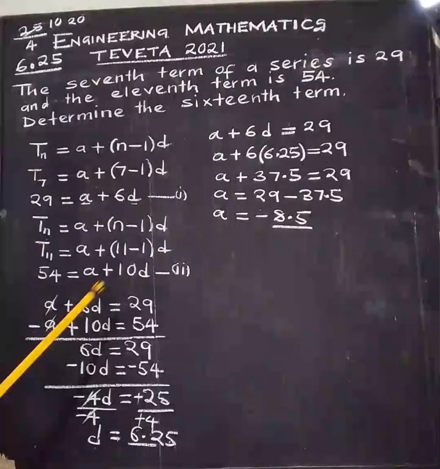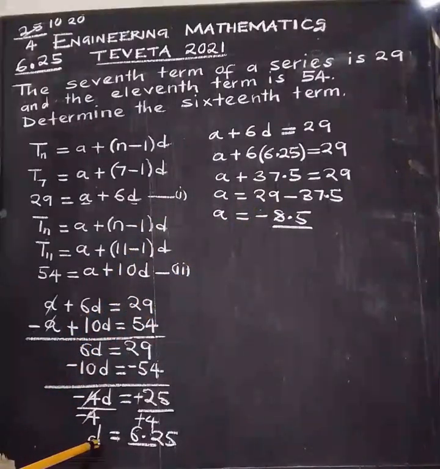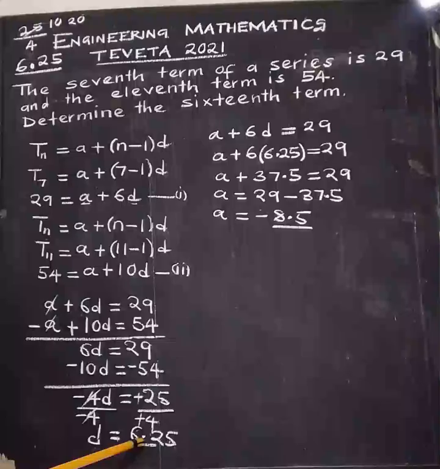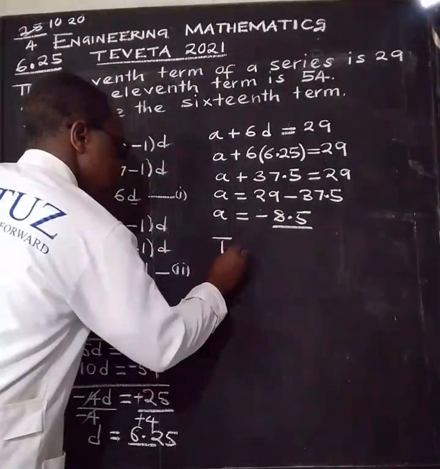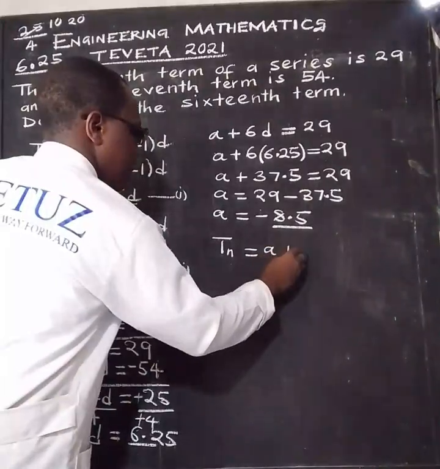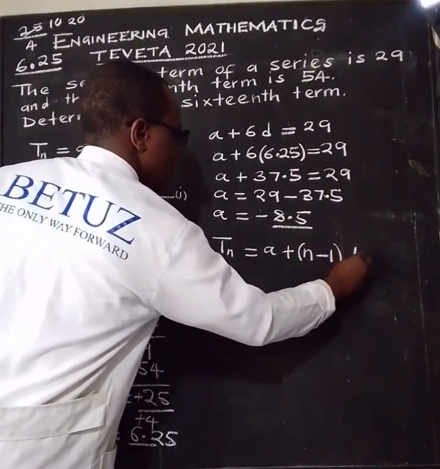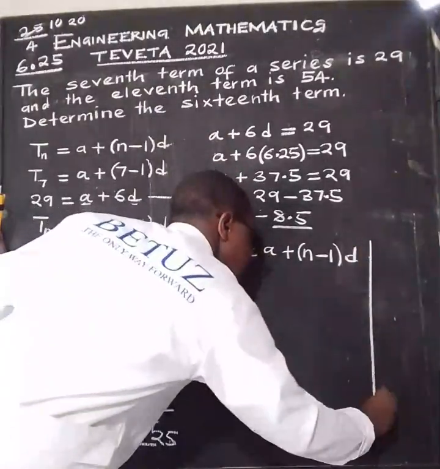Having known our first term to be negative 8.5 and our common difference to be 6.25, we can now find our 16th term using the same formula. Tn is equal to a plus, open brackets, n minus 1, multiplied by the common difference. In this case the data has changed.